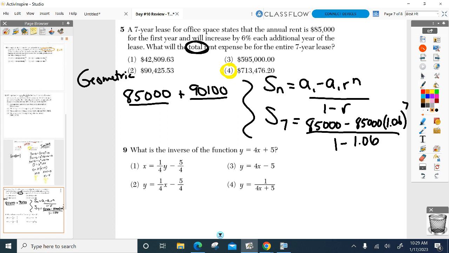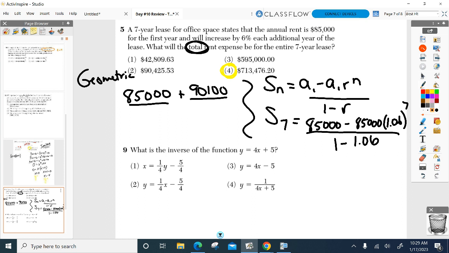Can we get 713,000 out of our calculator? We're looking good there. Again, yes, please just find all 7 terms and add them together.